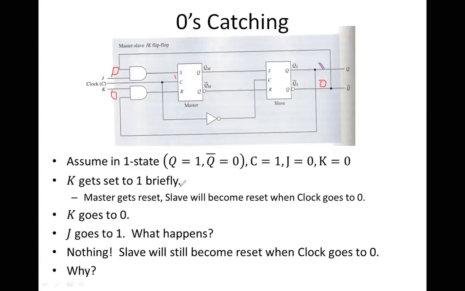K sets to 1 briefly, means only for some time it is 1. Why is it 1? Because this 1 will pass here. So initially there was no value given, so it was considering it as high. And then we passed 0. Right. So just for some time it will be 1, and then it will become 0, because I gave 0 here at K. So anything into 0 will actually give me 0. Initially nothing was given, so it was briefly available as 1 because this 1 passed here. This 1 came here.